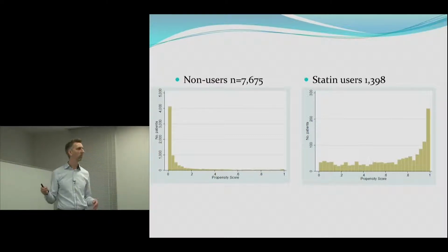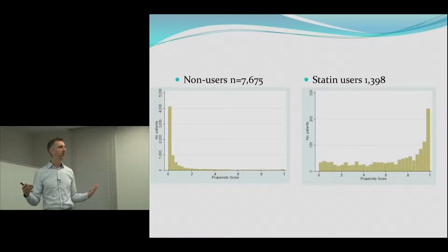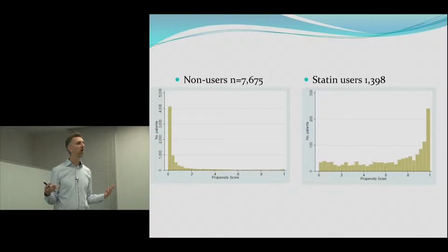Any thoughts on why we might have quite a lot of people at the low end of the score? I can think of two quite different reasons why we might have people at this end. Well, one is, remember we're using electronic health records to do this, and they're not perfect.